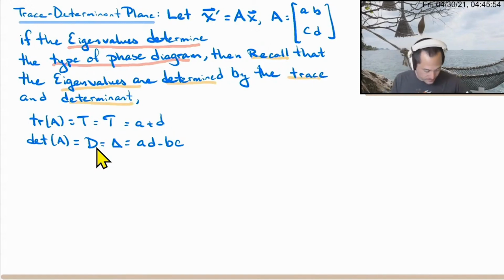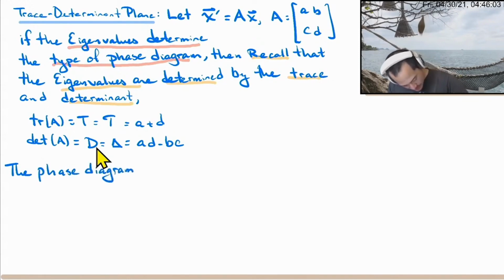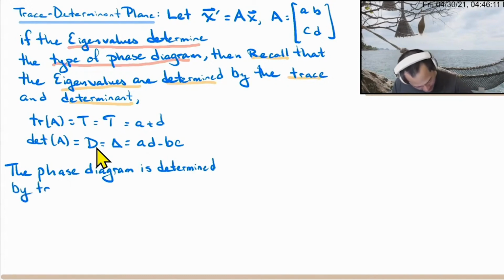Thus, the phase diagram is determined by trace and determinant.